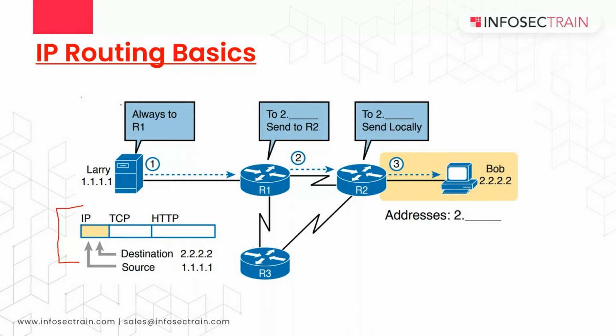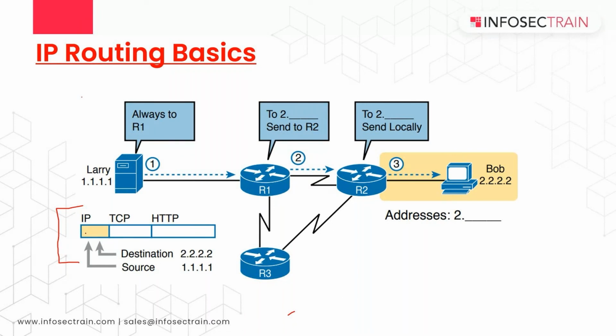Larry's IP process chooses to send the packet to some nearby router on the same local area network. So Larry is ready with the IP header, the TCP header, the TCP information, and the HTTP web page information.